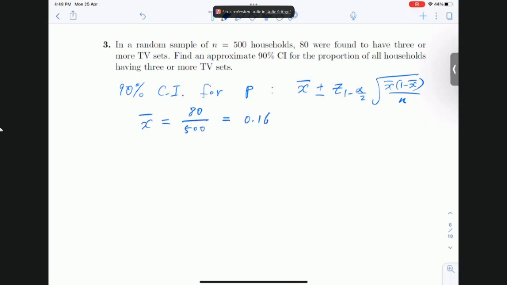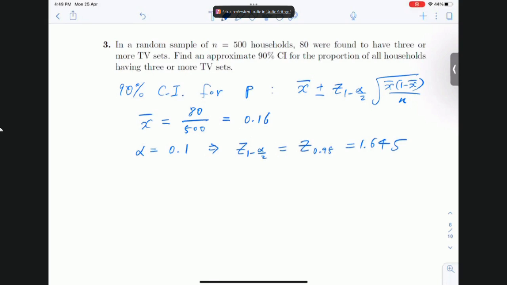So this is how we obtain this sample proportion. And alpha is equal to 0.1, so that Z of 1 minus alpha over 2 is Z 0.95, equal to 1.645 from the standard normal distribution table or from R.